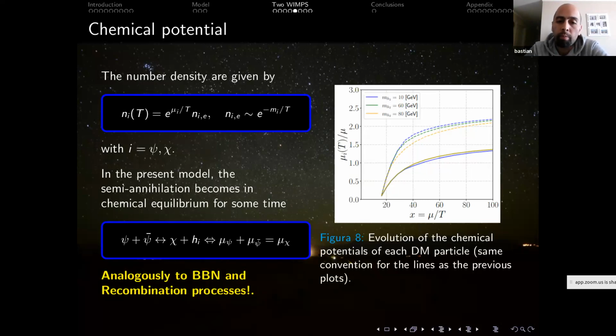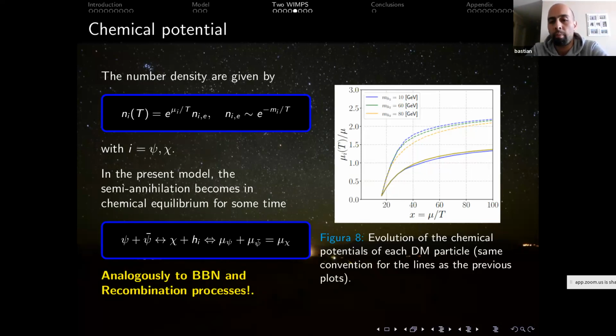When we plot the chemical potentials, take care: the chemical potential of each particle is mu with subindex i, and mu is the reduced mass of the system.